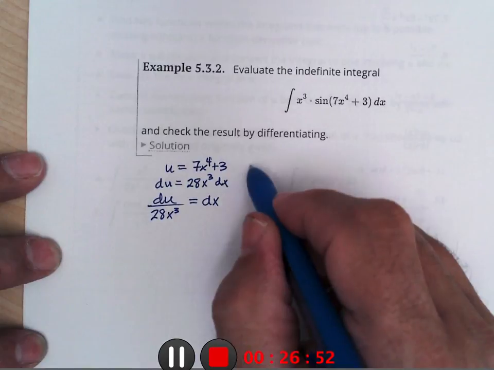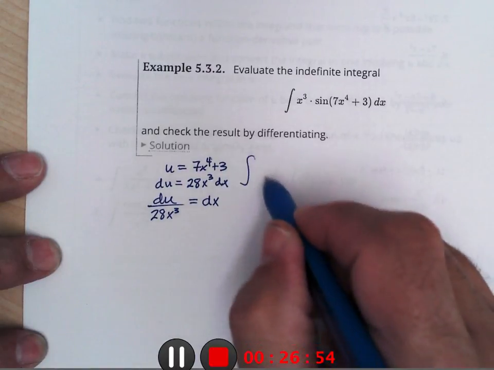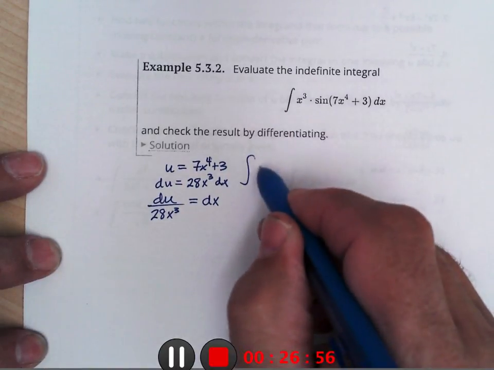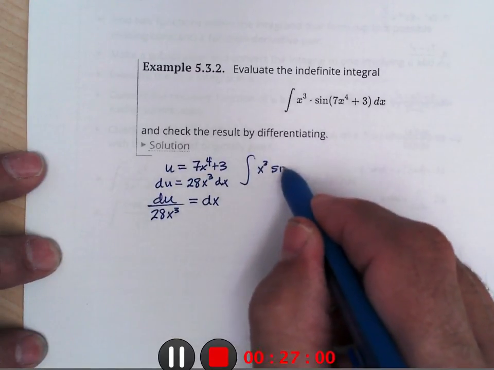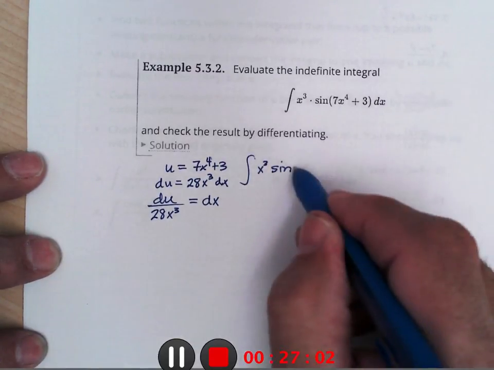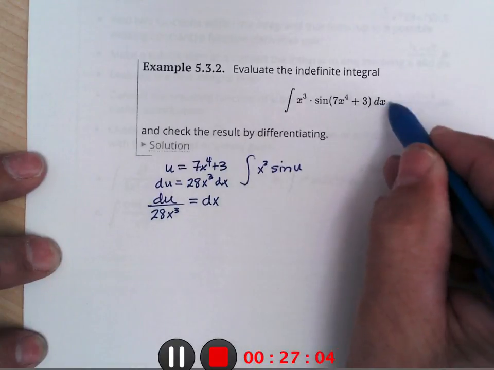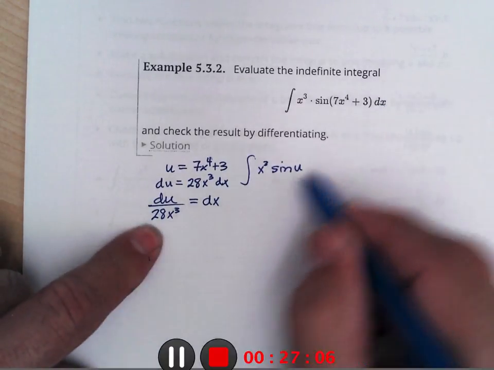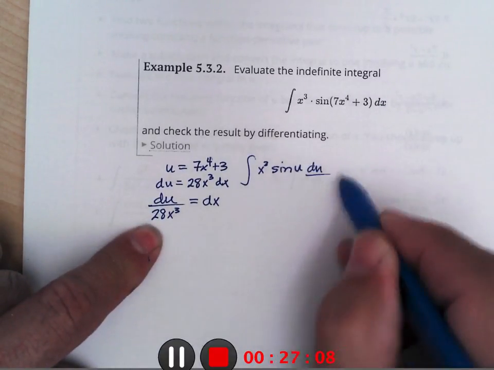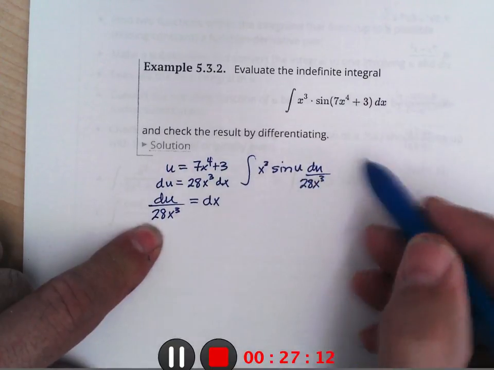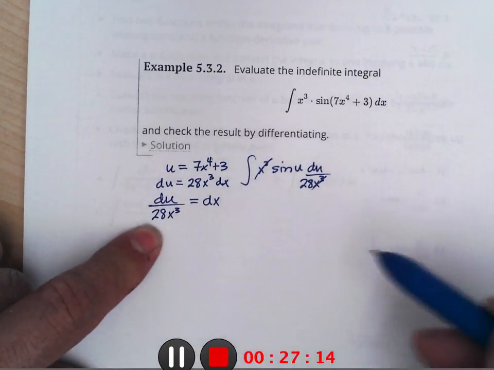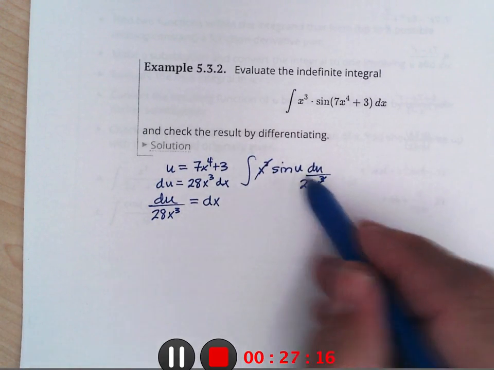So the antiderivative is, we haven't canceled the x to the third yet, so I'm going to write it in. Sine, this is what I called u, and dx becomes du over 28x to the third. And the x to the thirds cancel. I just get a 1 over 28, which comes out.